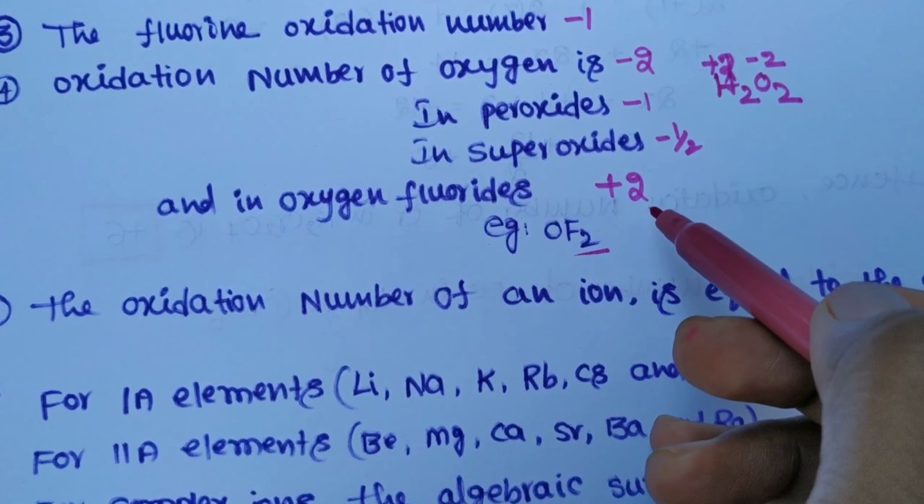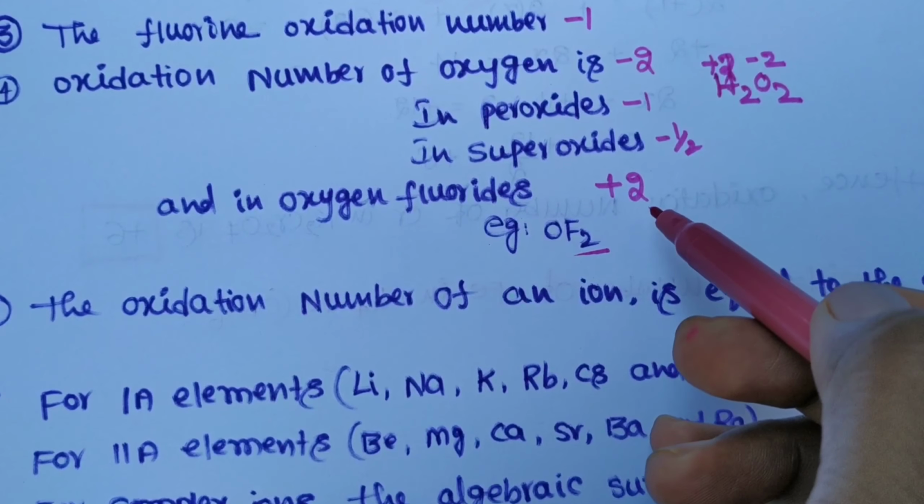Okay, next rule is the oxidation number of an ion is equal to the electrical charge present on the ion. So rule number 5, the oxidation number of an ion is equal to the electrical charge present on it. That means you have to take any ion, that ion definitely having some charge, so that charge is equal to oxidation number.